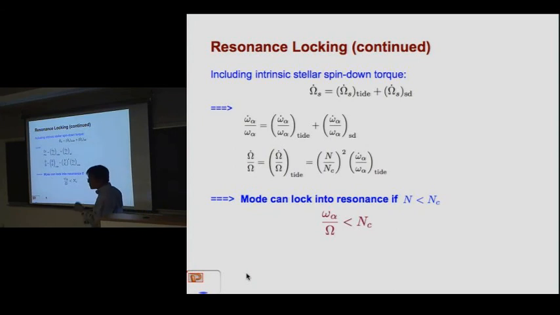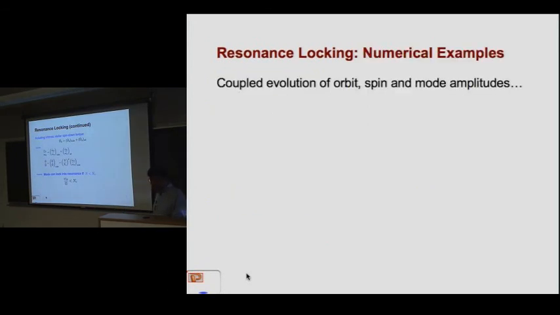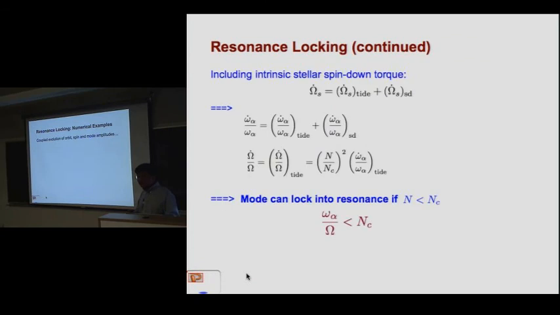Any n, it depends on the stellar evolution, what n you then get, because it depends on how fast you're evolving. What I'm saying is, if n is less than NC, then you can, in principle, lock, as long as you go fast enough. Okay, that's next. I'm not sure what the answer is.